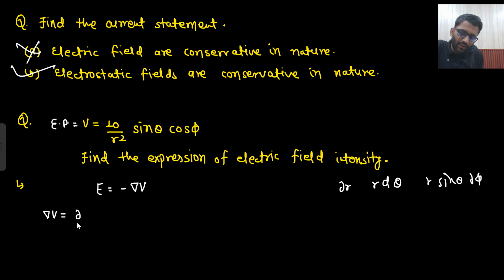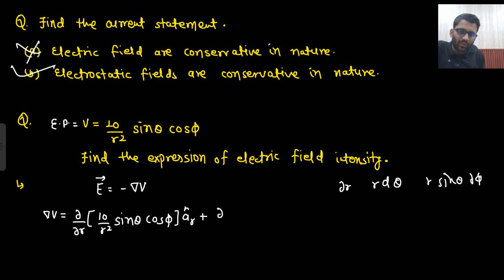So del V will be what? d by dr of this expression, tan by r square sin theta cos phi, a_r cap. Then what am I writing? I am not writing electric field. I am writing gradient V. Okay, that's why I am putting the positive sign here.